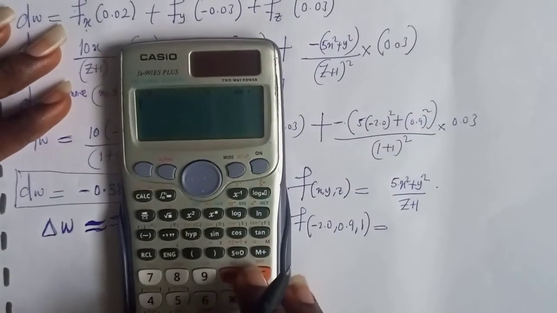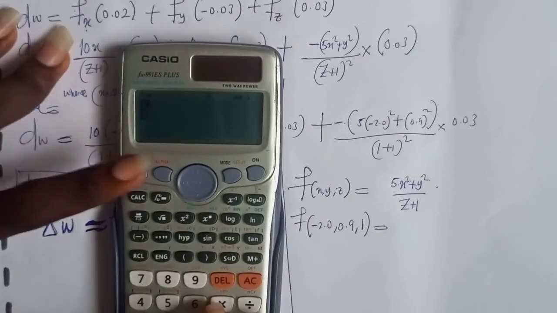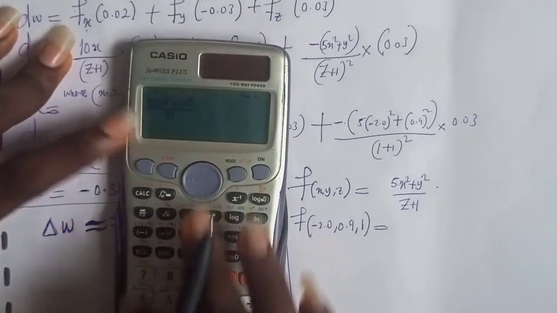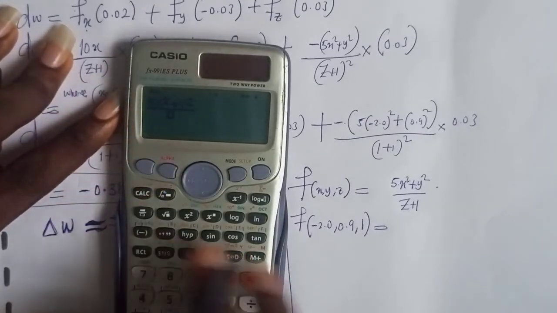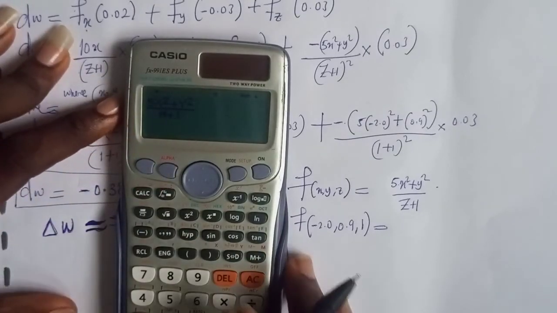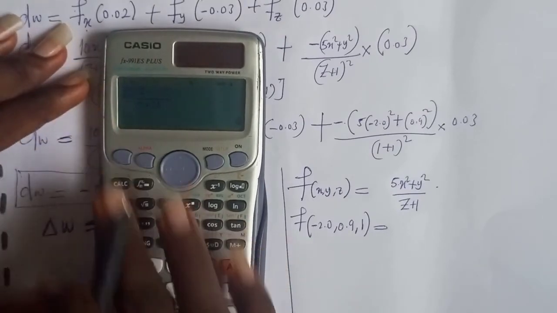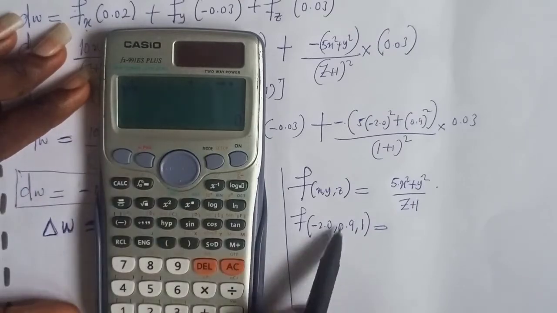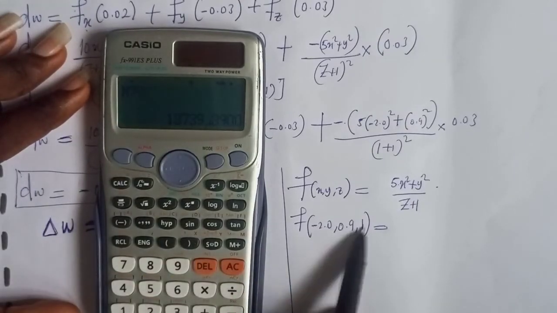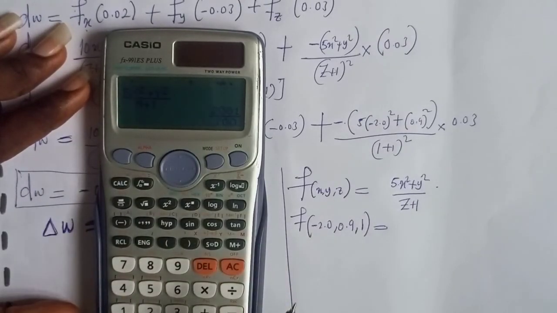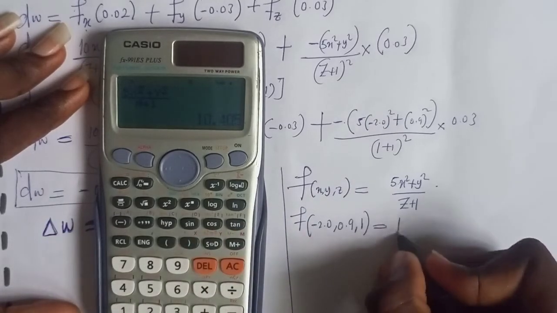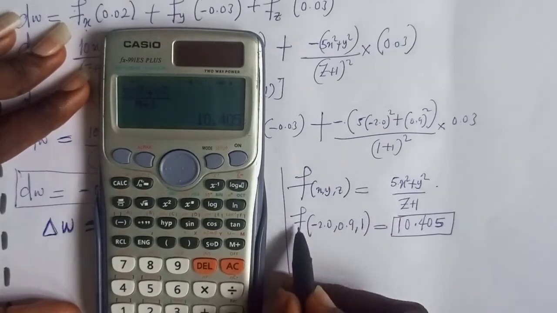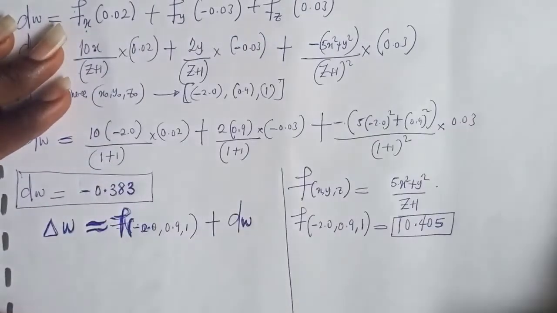To make that very easy, this is a fraction, 5x squared plus y squared, over z plus 1. So I want to calculate when x is minus 2.0, y is 0.9, and z is 1. My final answer is 10.405 to 3 decimal places. So I have my f of that initial guess to be 10.405.